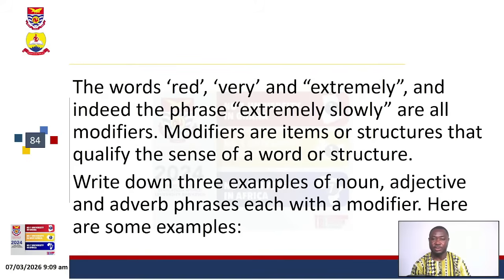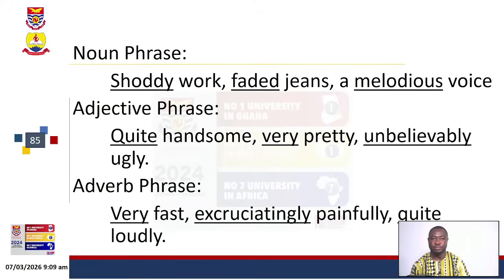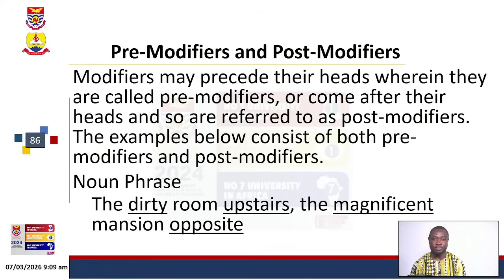Can you write down 3 examples of noun, adjective, and adverb phrases, each with a modifier? Can you do that? Here are some examples. Shoddy work, faded jeans, a melodious voice, quite handsome, very pretty, unbelievably ugly, very fast, excruciatingly painfully, quite loudly. These are examples in which modifiers are modifying nouns, adjectives, and then adverbs.